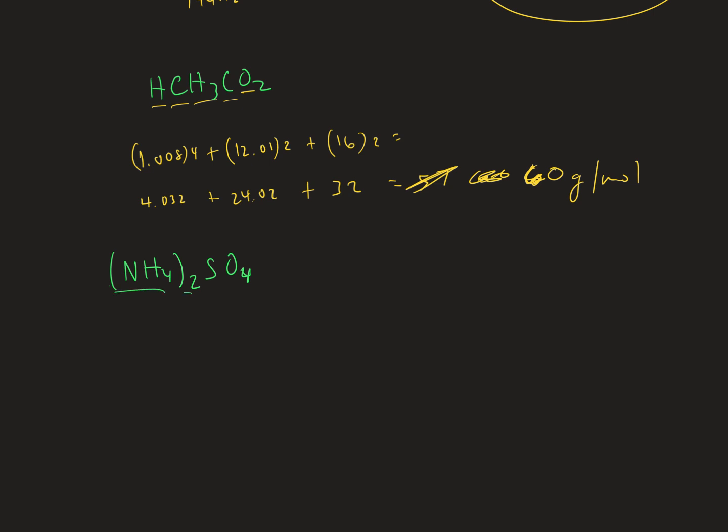Yeah, so we're going to have 14.01, which is the atomic mass of nitrogen. And how many nitrogens are there in this whole compound? 2. Good. And then 8 hydrogens, so 1.008 multiply 8, plus 1 sulfur, that's 32.07, and 16 multiply 4.